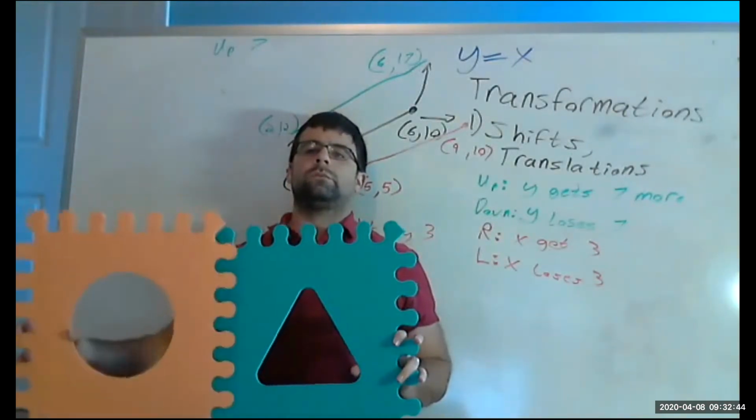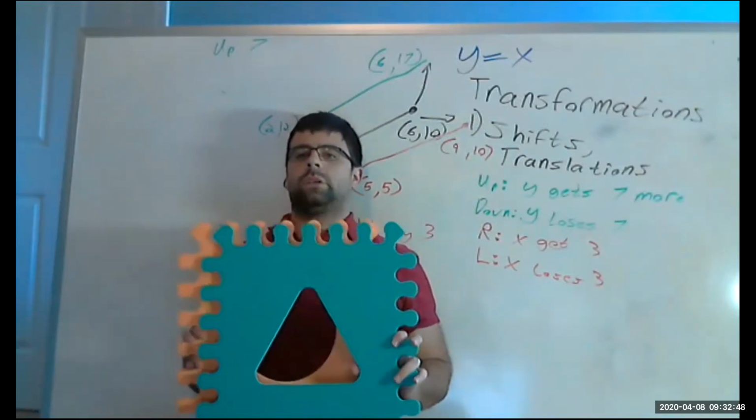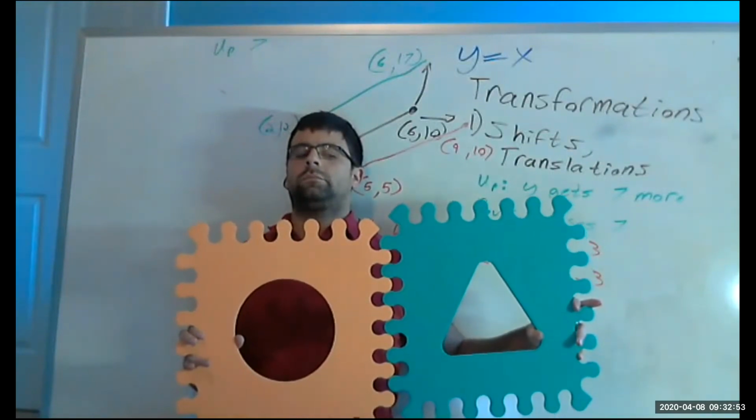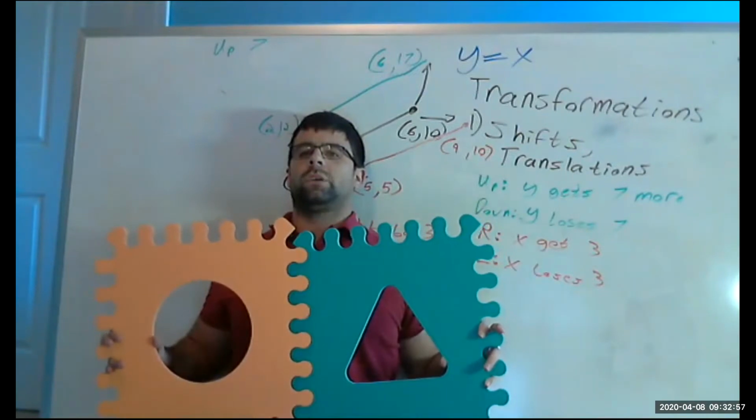So the orange one moved in this case, and then they were next to each other. The green one moved in this case, and they were next to each other. They both moved in this case, and now they're next to each other.